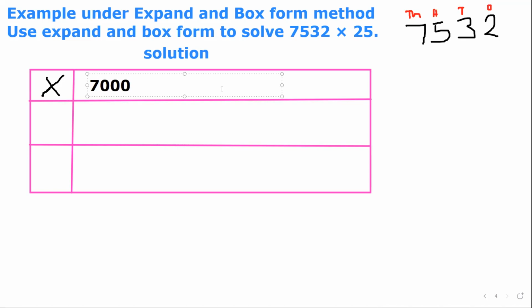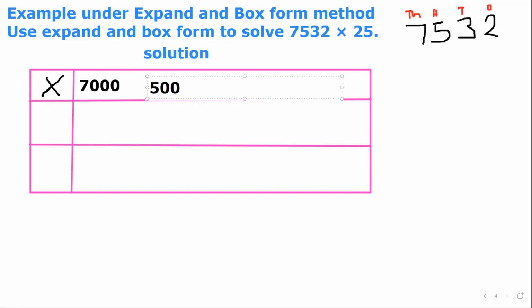Okay, then you write it here. That is 7,000. Good.